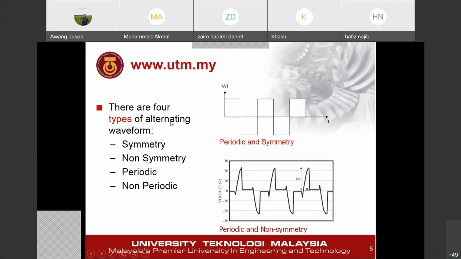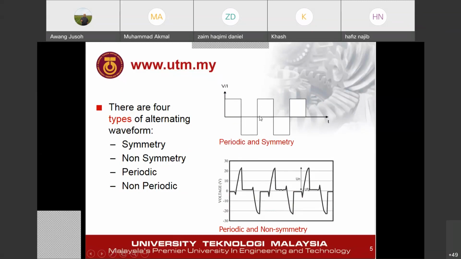Alright. Also, alternating waveforms can be categorized into four types. It can be symmetric, non-symmetric, periodic, or non-periodic. This example is periodic and symmetric. That means you have the same period: one cycle of the signal, and the other cycle has the same period.